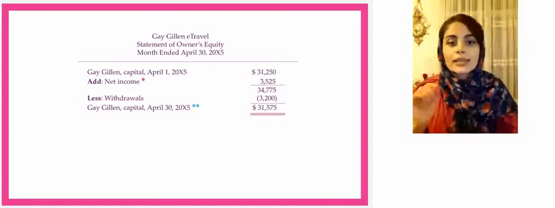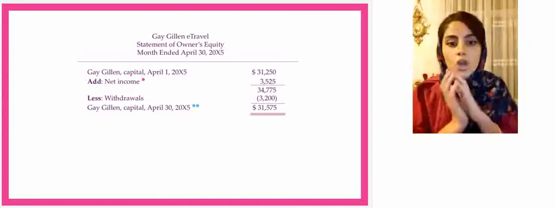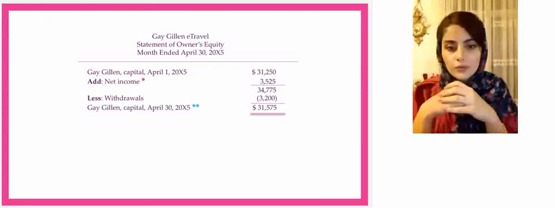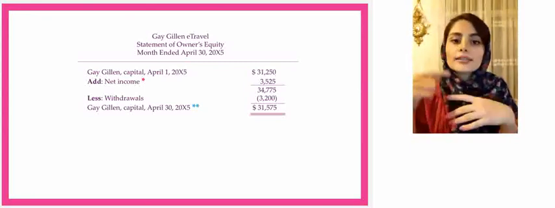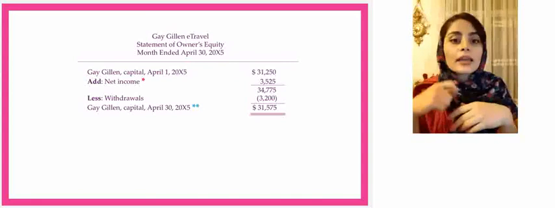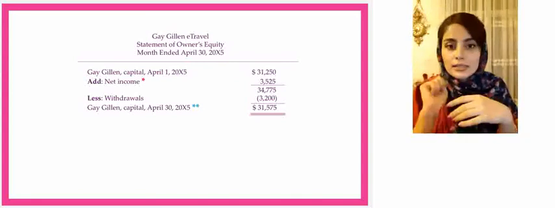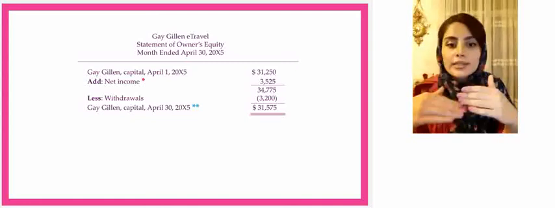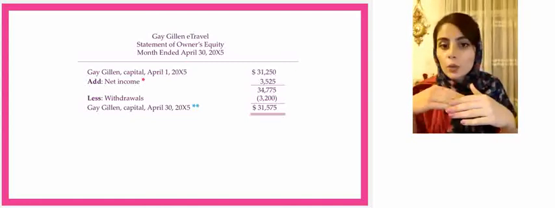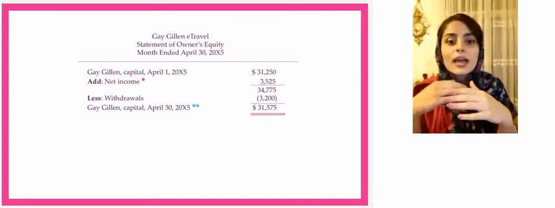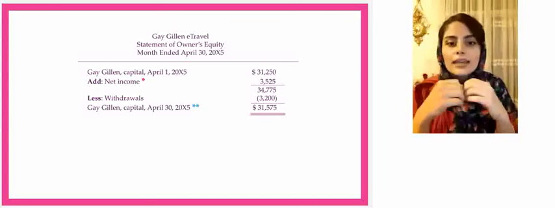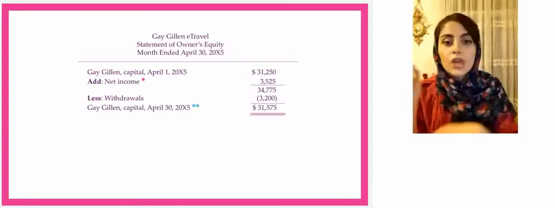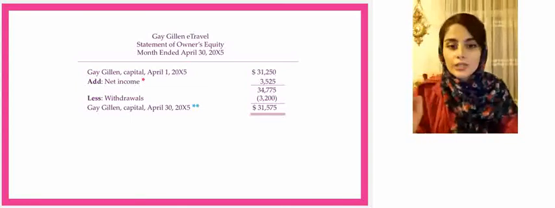As you can see, Gagel capital on April 1st was 31,250. And then we should add net income. Which net income? The one in the last statement which we prepared. And then we should subtract withdrawals. We had withdrawals, a debit account. And then we have Gagel capital April 30th, 2005, which goes to the balance sheet.